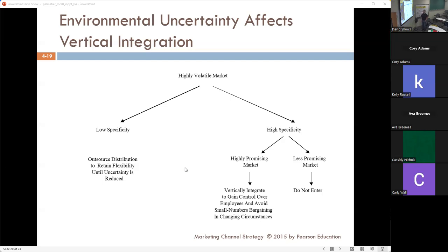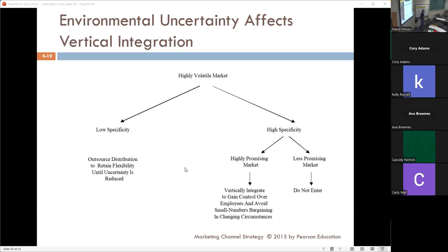In other words, I need to be able to shift working capital around to be able to meet demands until I know that the volatility is reduced. Uncertainty is the worst thing. And so I need to understand what is fixed, what is in front of me, and know what I can take care of.